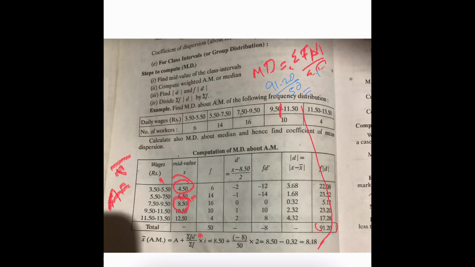When you divide this, it will be rupees 1.82. This 1.82 is your mean deviation about mean. Got it?